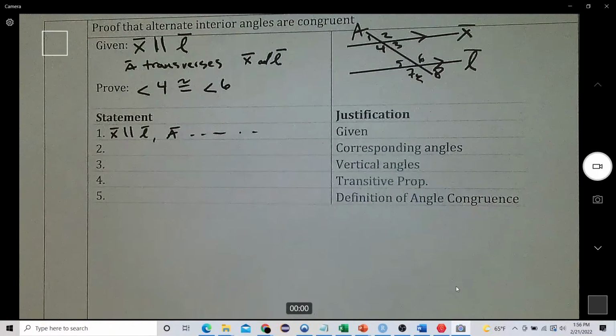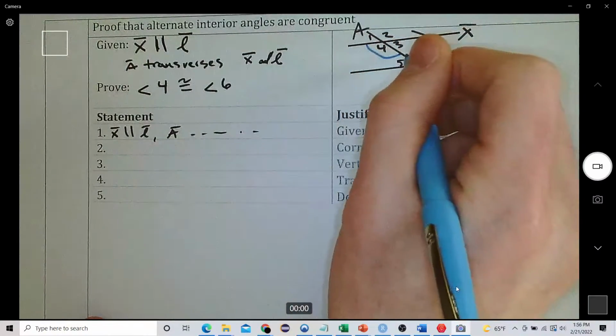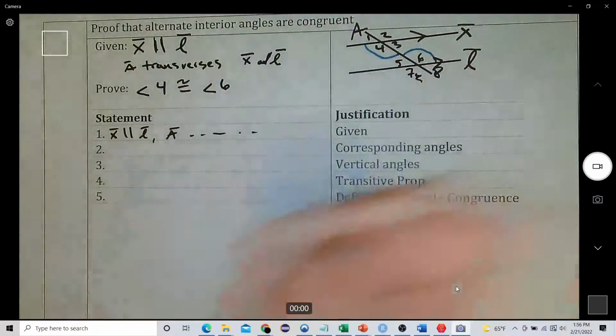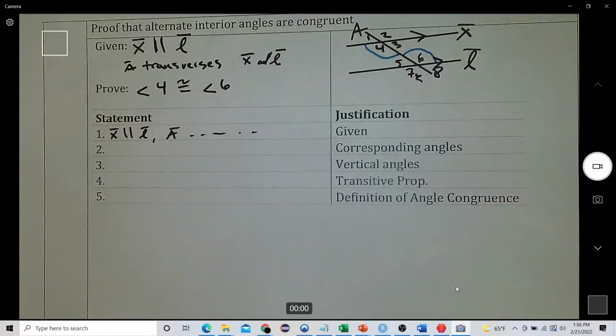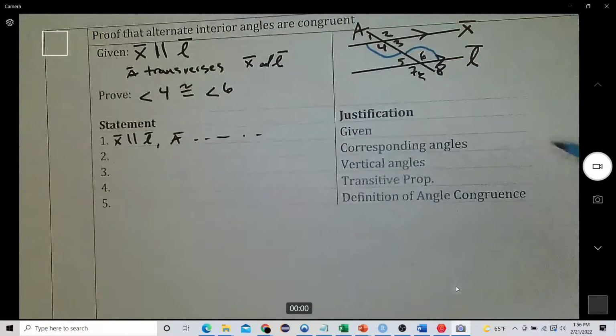We're trying to prove that this angle here is congruent to this angle here, right? So I'm telling you right now, we need to use corresponding angles somehow. And then we need to use vertical angles somehow. Can we see some progression here? Where we use some corresponding angles, and then we use vertical angles to show this.